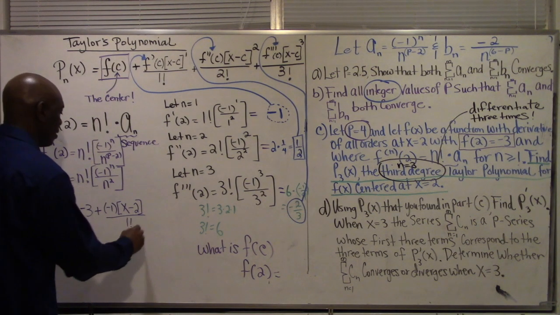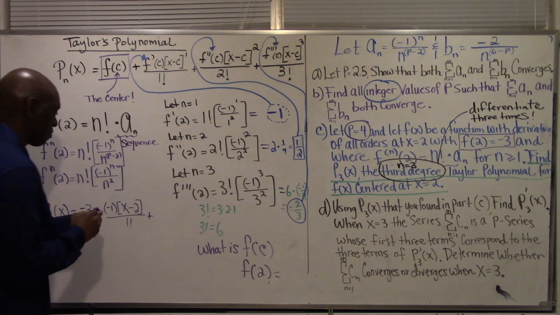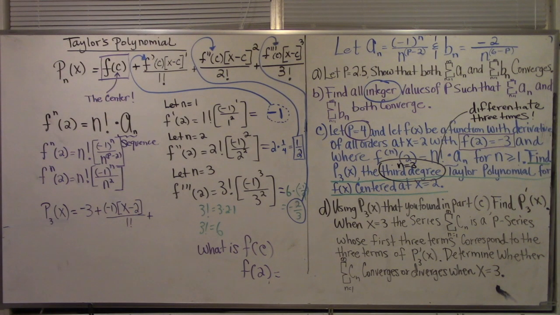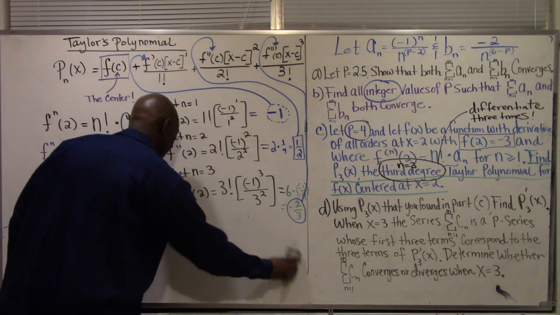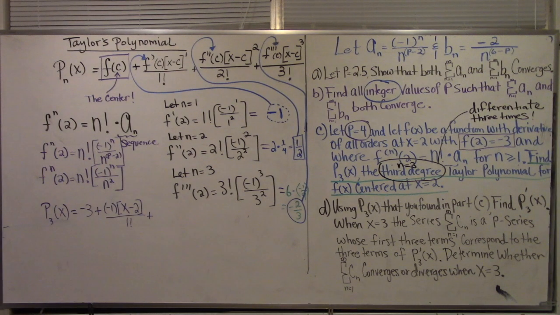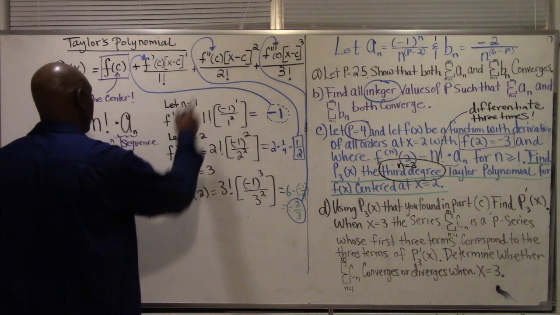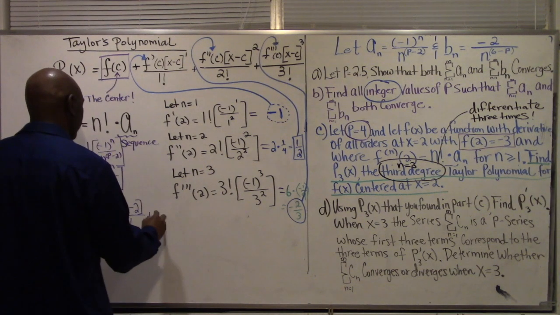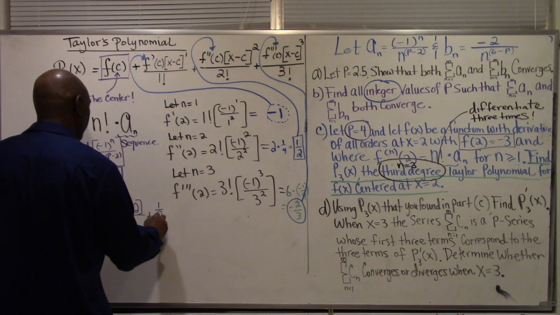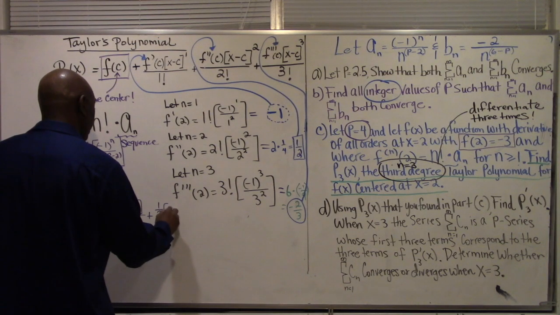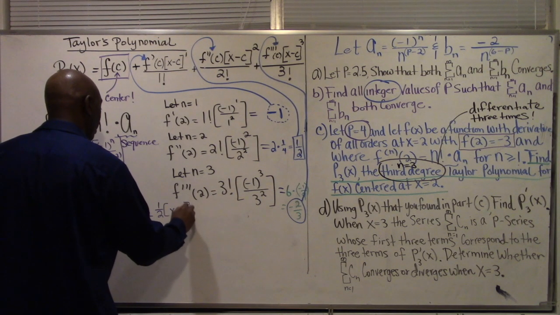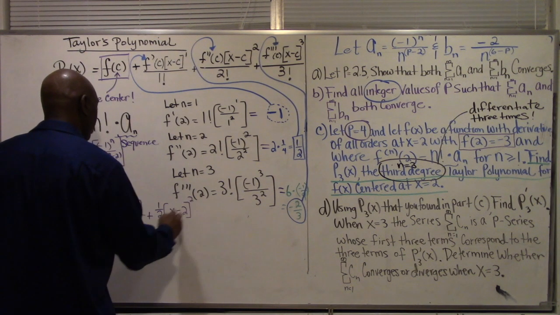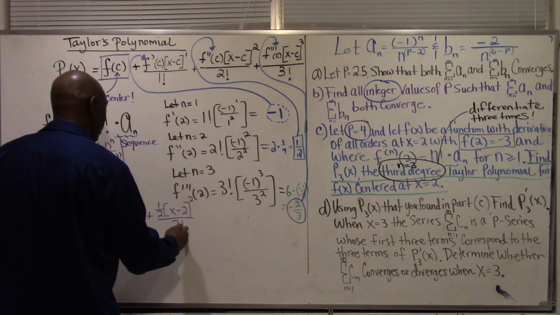Plus, f double prime of c, what was that? 1/2, times x minus 2 squared, all over 2 factorial.